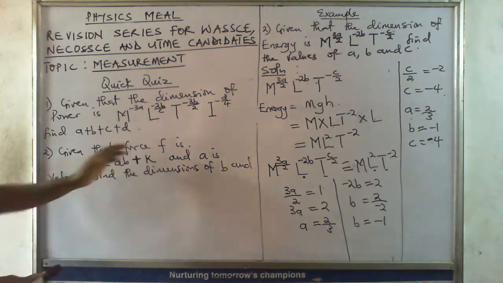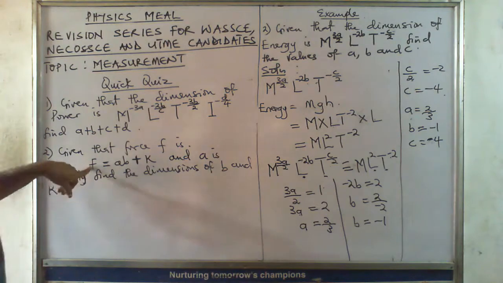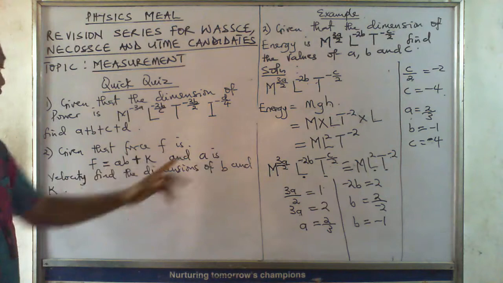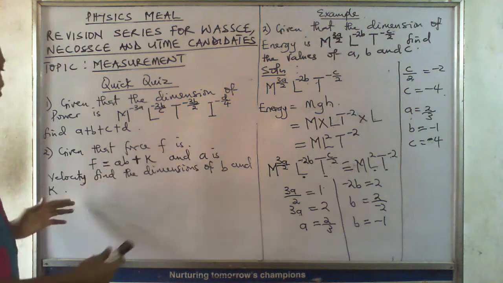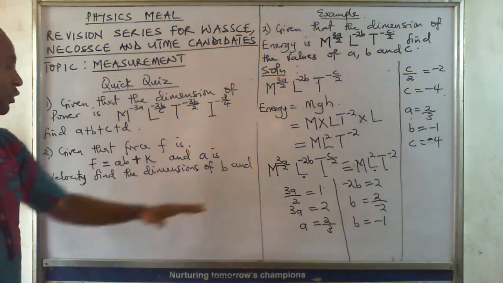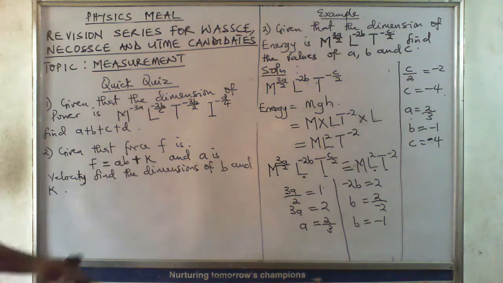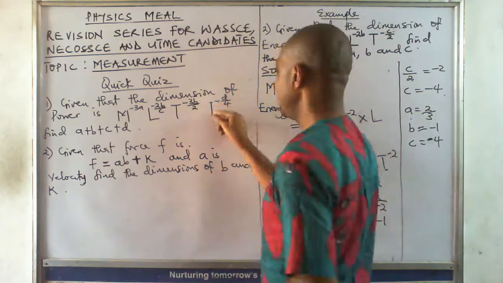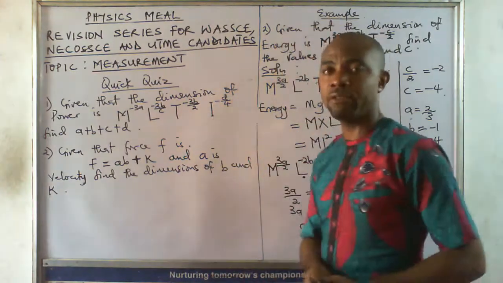If force F equals AB plus K, and A is velocity, then we are asked to find the dimensions of B and K. I think that question will actually help us to illustrate that. This I is current, one of the dimensions of current.